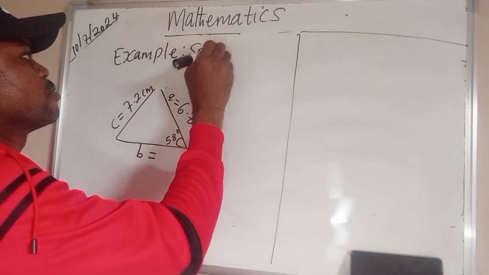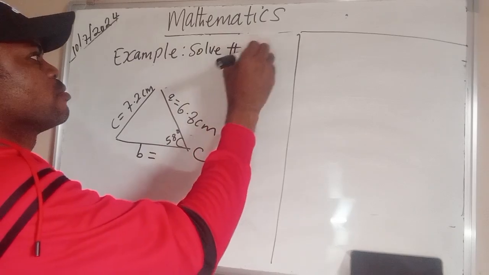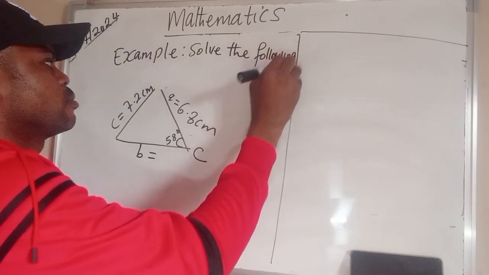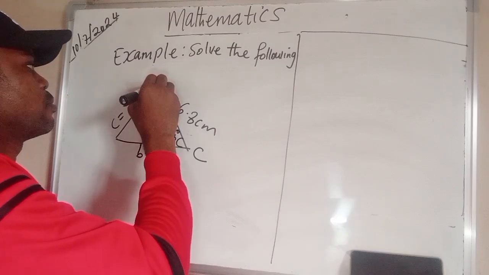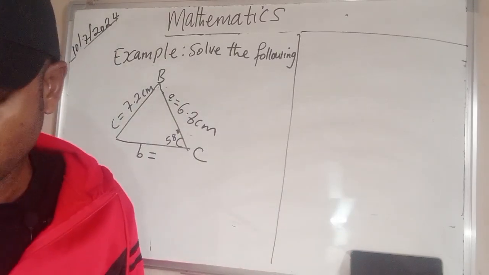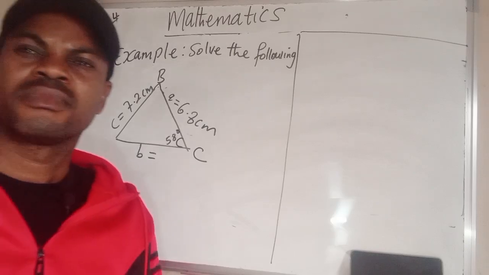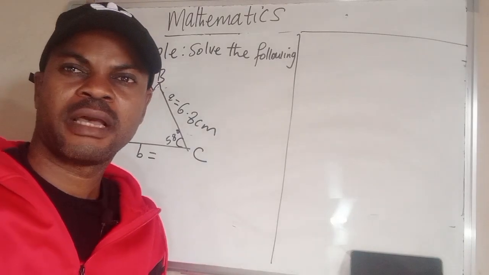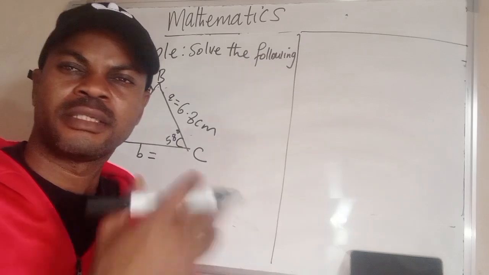Let me write it again. Solve the following. Now, here is a typical question on the board. How do I resolve this? First thing that comes to mind, this is a triangle.